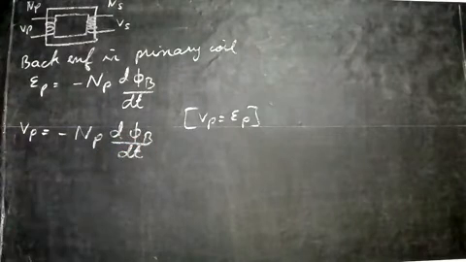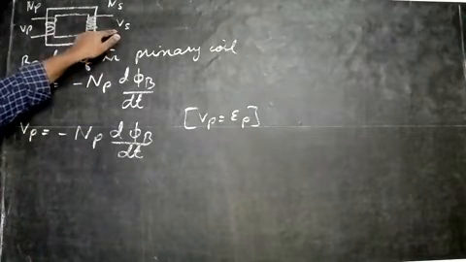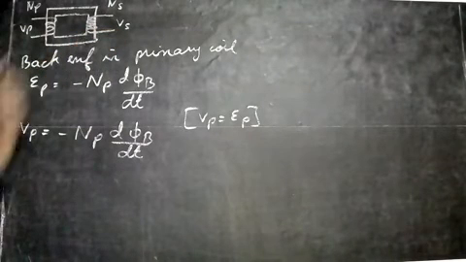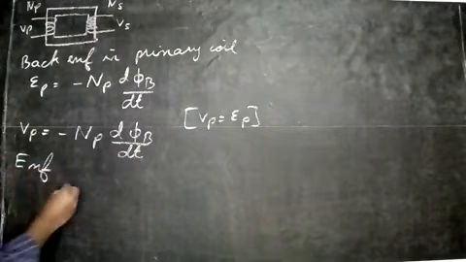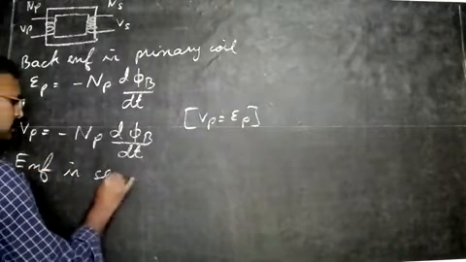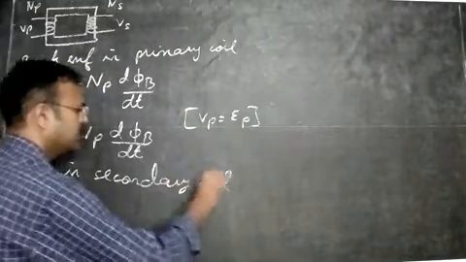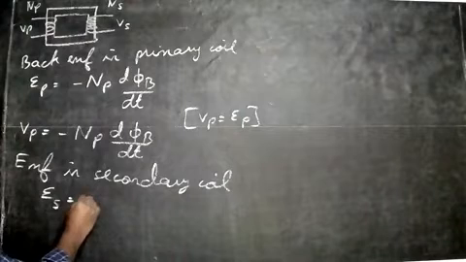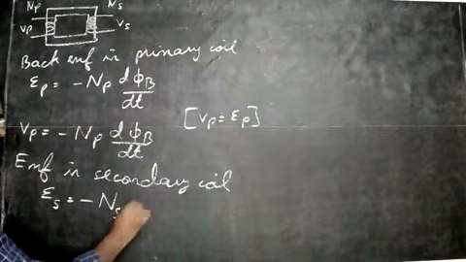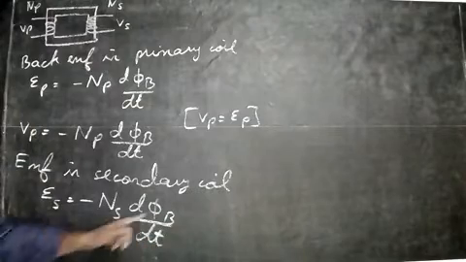Next we see what the EMF in the secondary is. In the secondary coil also there will be an EMF. The back EMF in the secondary coil, ES, in the same way equals minus NS into d phi b by dt, where phi b is the magnetic flux.